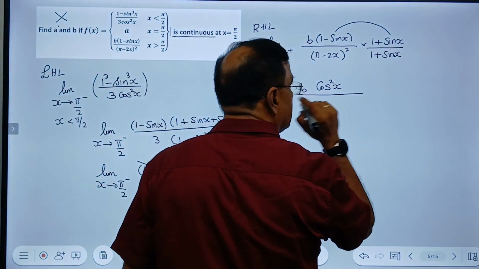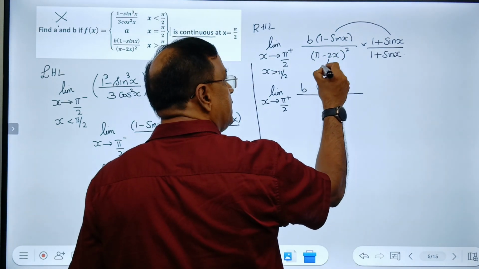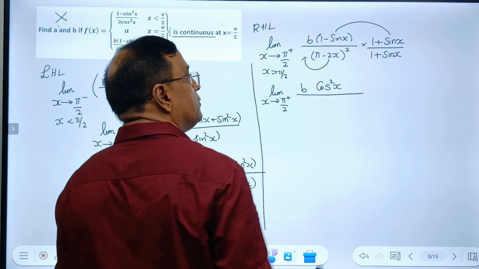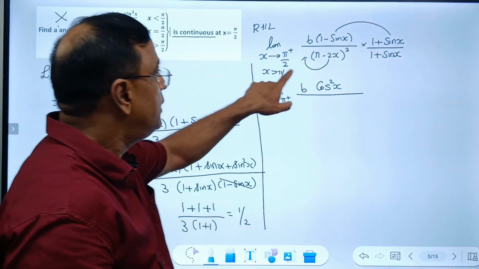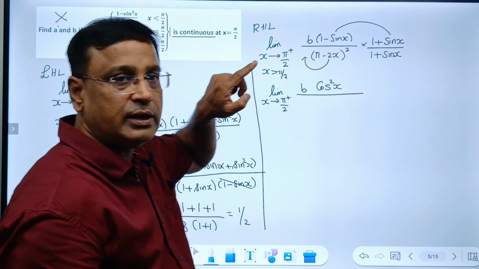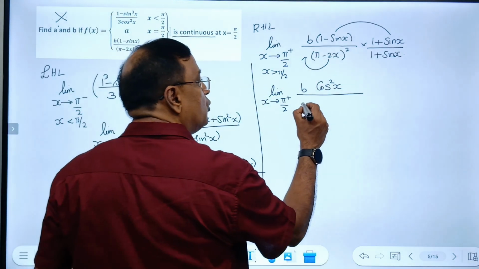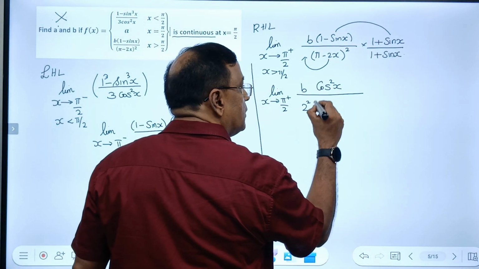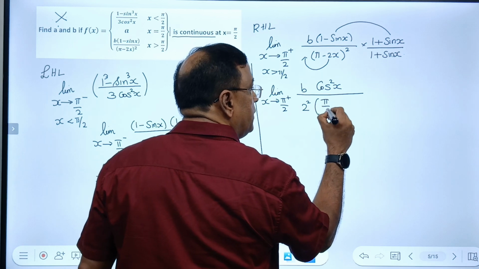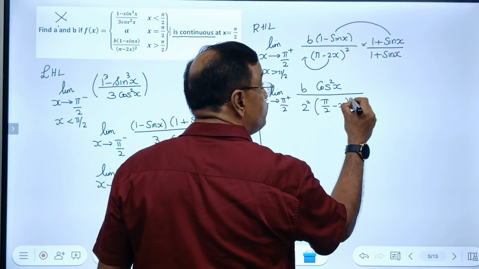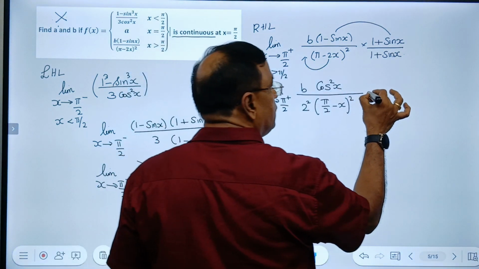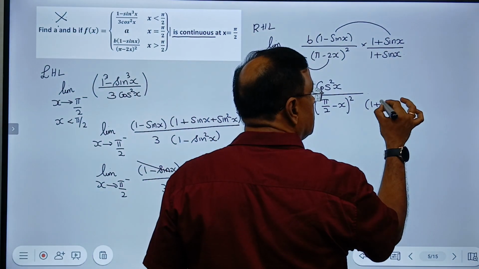Then I do one more thing: from this I take 2 outside. There's already a square there, so when you take 2 outside, it will come out as 2 square. So I will get here pi by 2 minus x the whole square. And what is left out? 1 plus sin x.